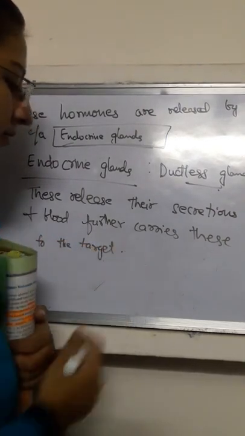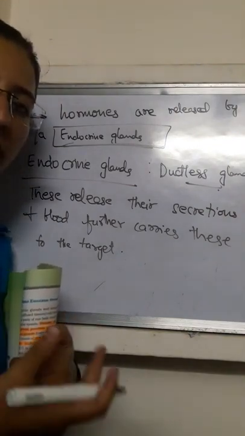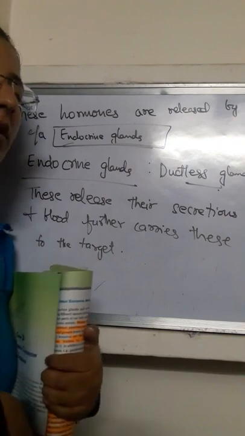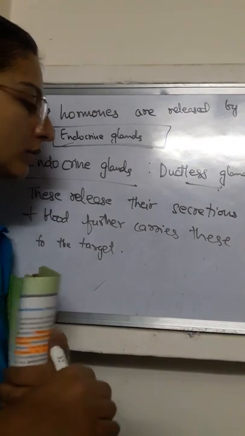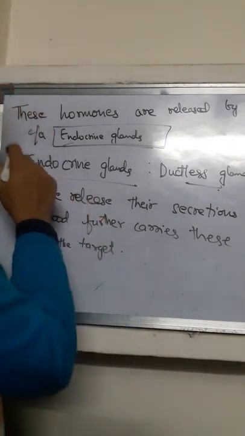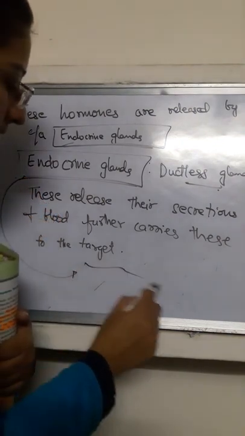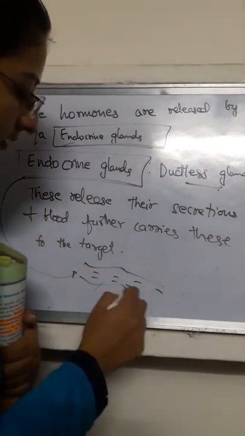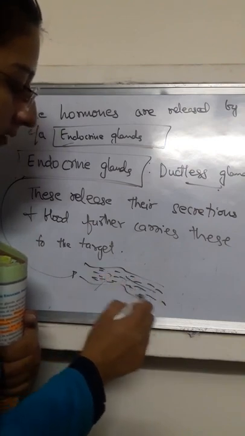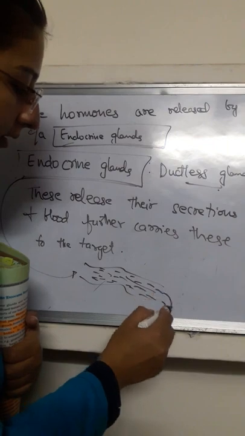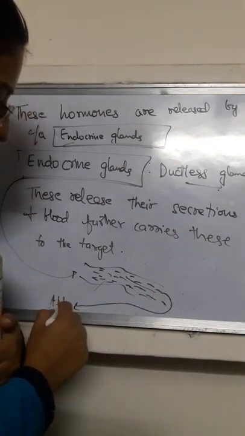जैसे for example there is a requirement of the hormone in our abdominal area, like in the region around the stomach. So what happens? The endocrine glands secrete their secretion in the blood, and this blood will carry the hormone to the abdomen region.